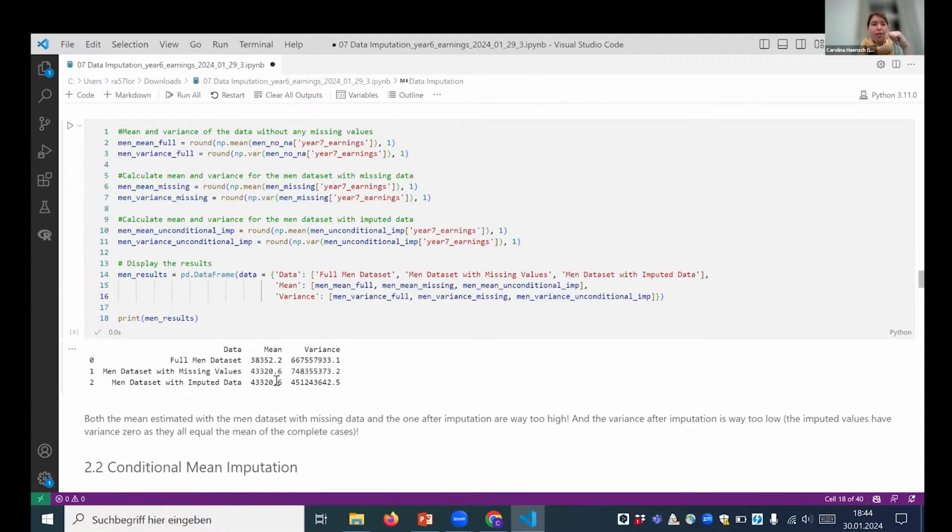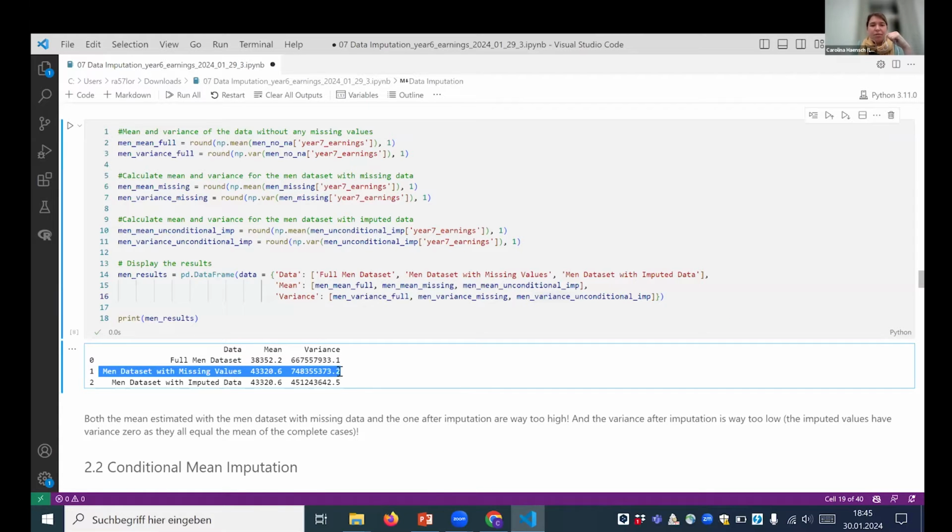What you will also find in this notebook is a comparison of the full data set, before we artificially, in this case, deleted some values to set them missing, then our little simulation, then the data set without these missing values.